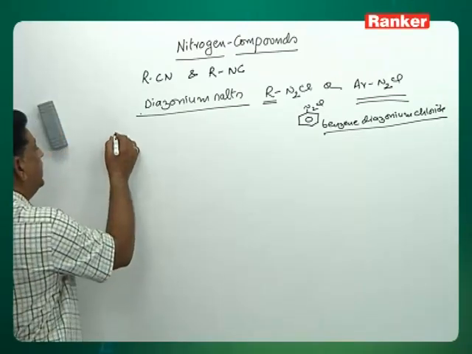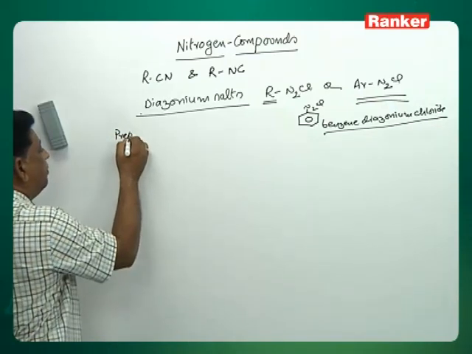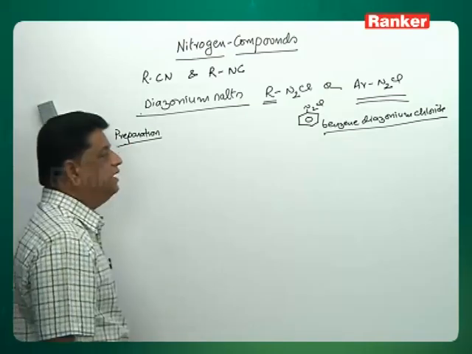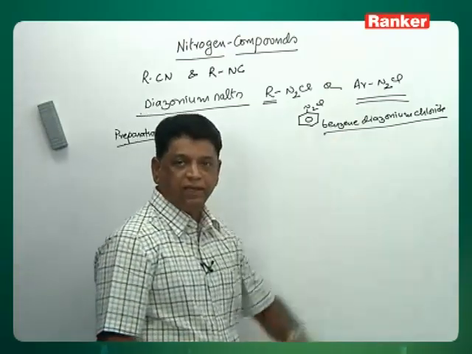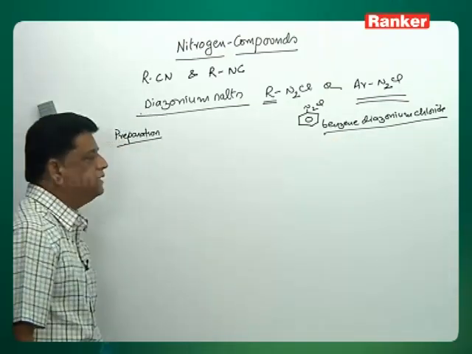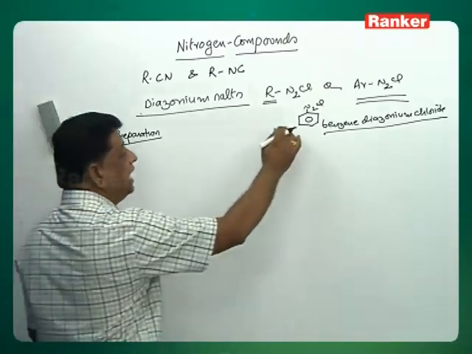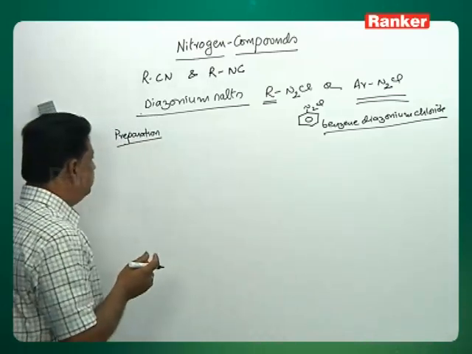Now, how is benzene diazonium chloride prepared? The salt, therefore, ends with diazonium chloride, just like sodium chloride. Its nomenclature itself is benzene diazonium chloride. You can also say phenyl diazonium chloride.